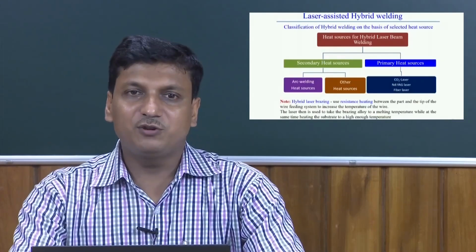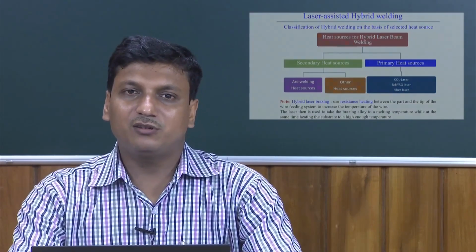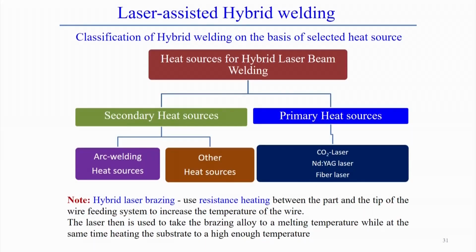If we classify the hybrid welding processes on the basis of the heat source, it can be divided into two: one is the primary heat source, another is the secondary heat source. Of course, the primary heat sources are the carbon dioxide laser, Nd:YAG laser and fiber laser.